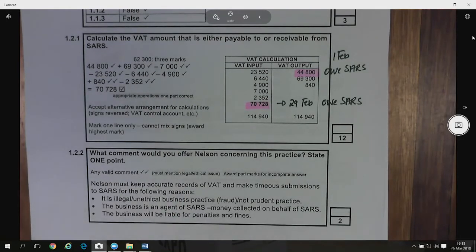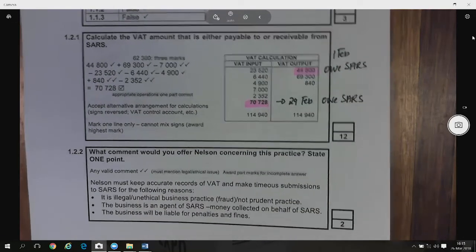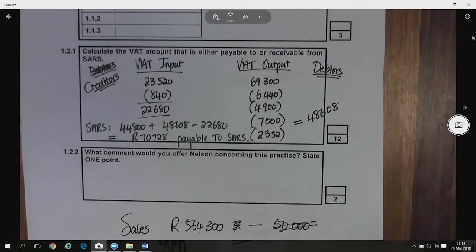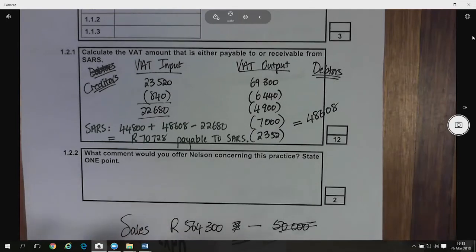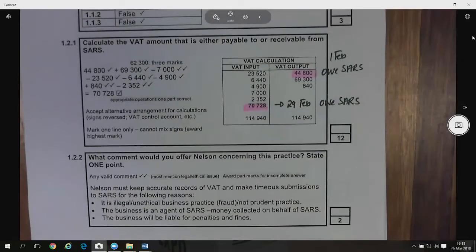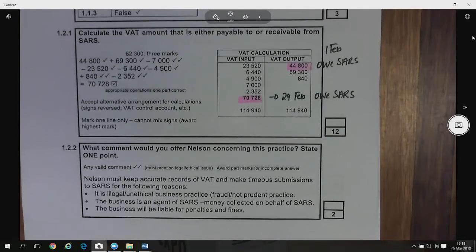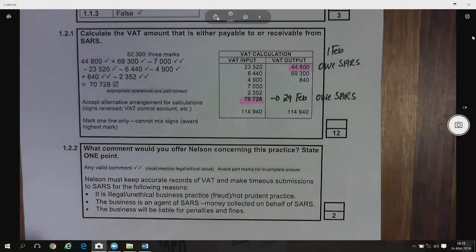I prefer 2 columns like this. Output and input, work with the minuses, just concentrate that you stick to the debtors on the output side, you stick to the creditors on the input side to know exactly what is minus. Or this one, where there's only positives, and then you work it like that, because this is very, very risky.